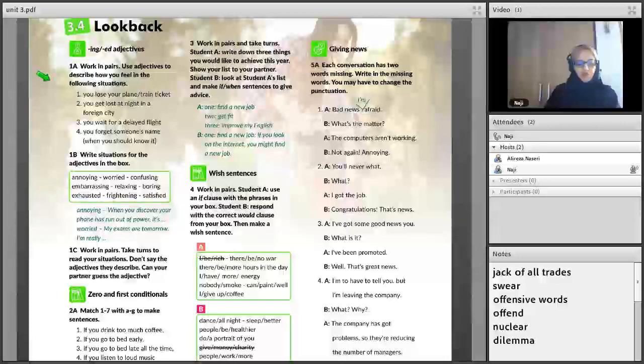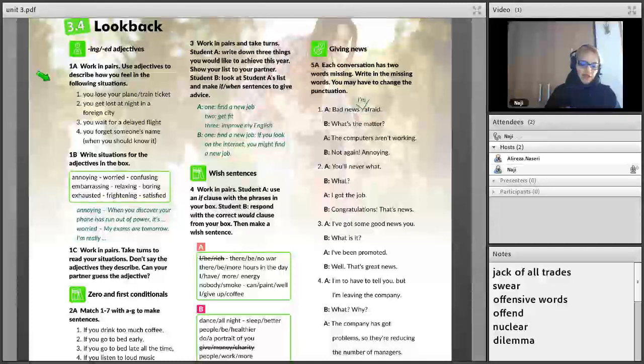Here you're actually going to use adjectives to describe how you feel in the following situations. You remember that we talked about adjectives with adding ed and ing at the end of some verbs, just like disgust, disgusting, satisfy, satisfying, satisfied, bore, boring, bored.